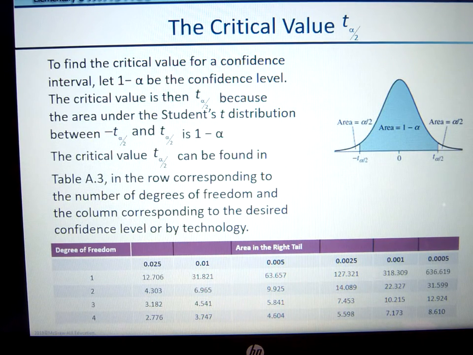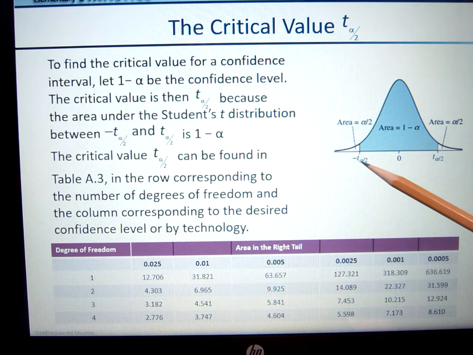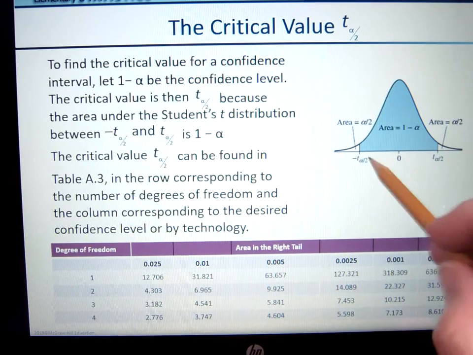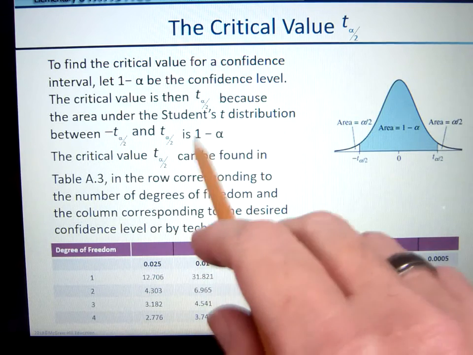So we have to find critical values again for a confidence interval. We're going to let 1 minus alpha be the confidence level, and then just like before, we're going to have negative t alpha over 2 and t alpha over 2, because the area under the student's t-distribution between these two values is 1 minus alpha.